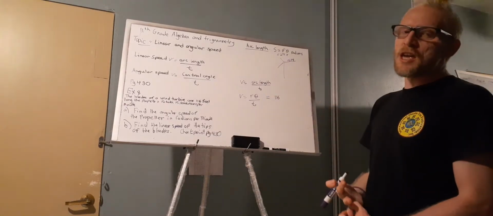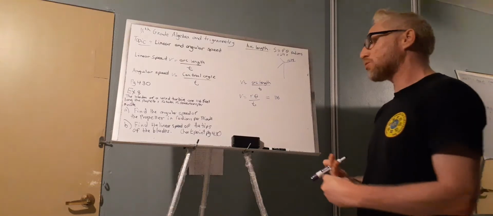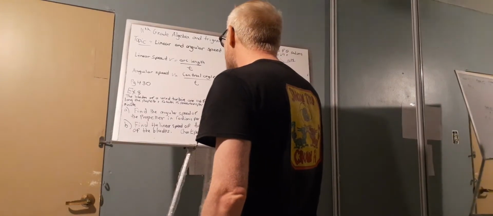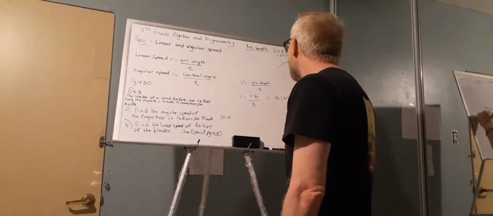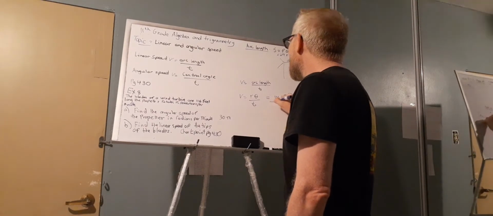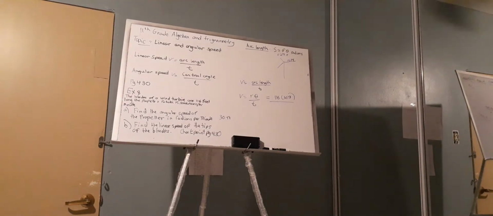We found the z, the central angle, and the angle was the 30 pi that we got from the previous one. So let me write it here so you guys know that this was the answer for A. So we're going to multiply that by 30 pi, and our time is 1 minute.